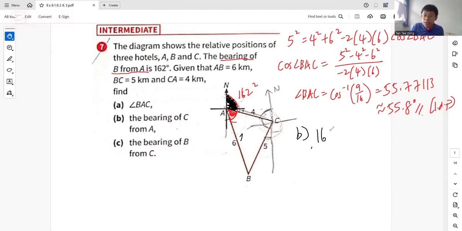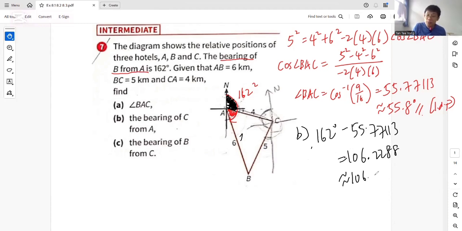It's actually just 162 degrees minus 55.77113. This will give me a result of 106.2288, which is 106.2 degrees.